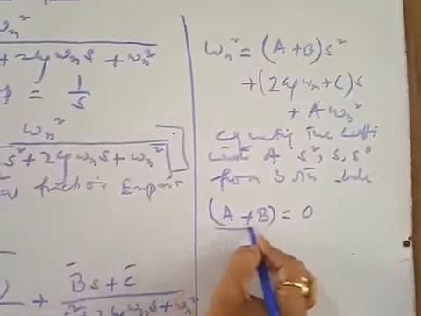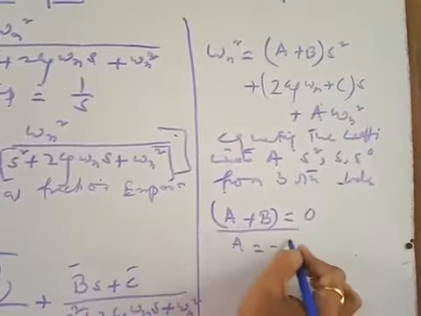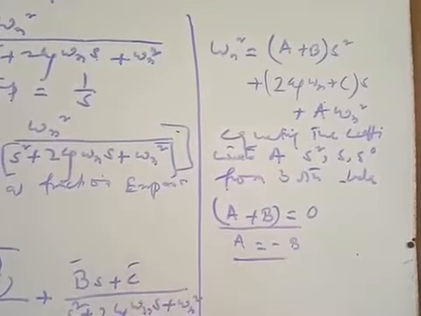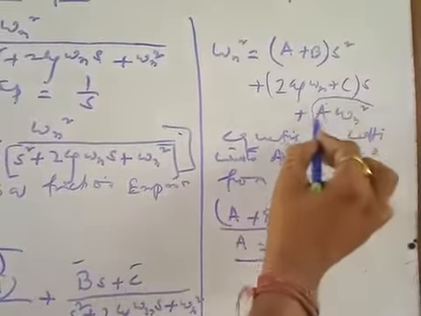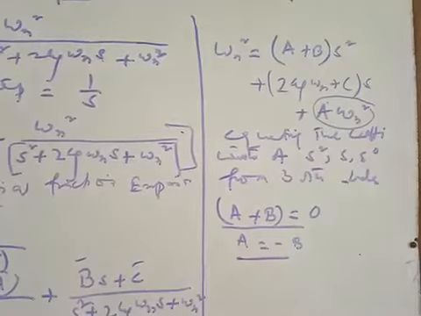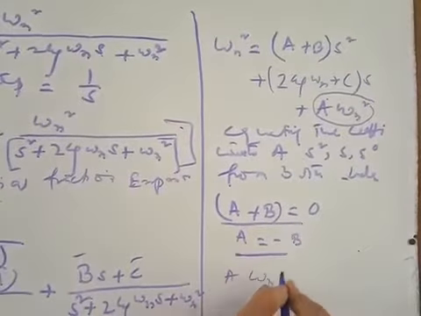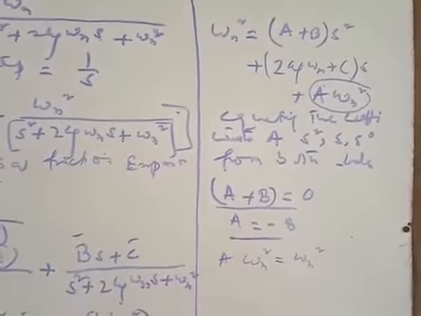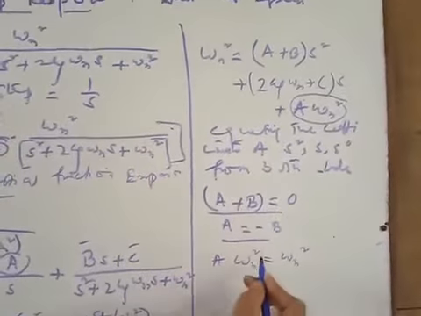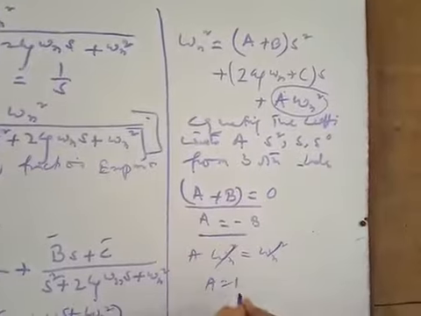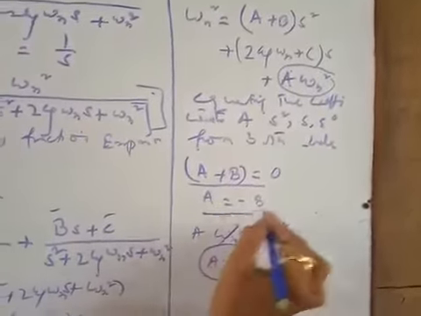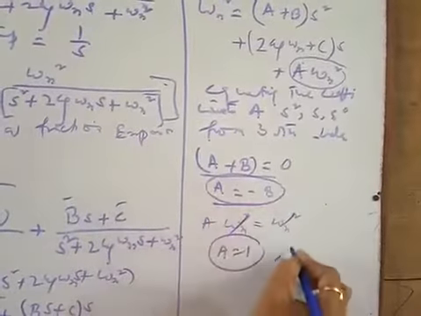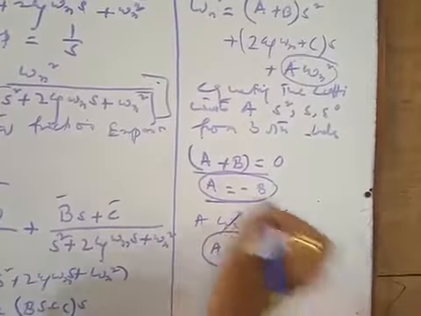So you get A plus B equal to 0. That means A is equal to minus B. One part is there, and see, this is the part which has no s. So A into omega n square equal to omega n square, and you get A equal to 1. So A equal to 1, and as A is equal to minus B, B is equal to minus 1, right?